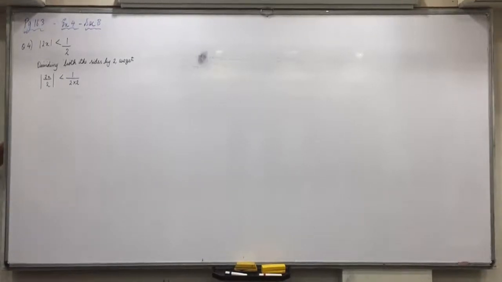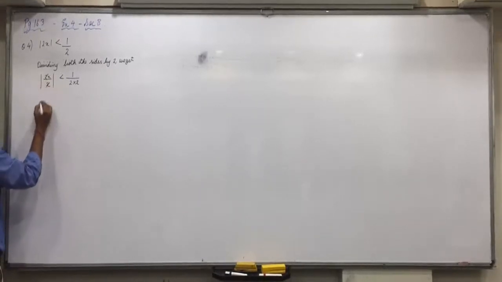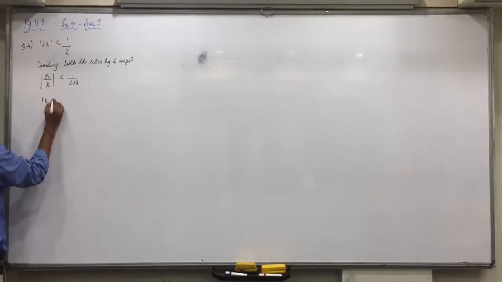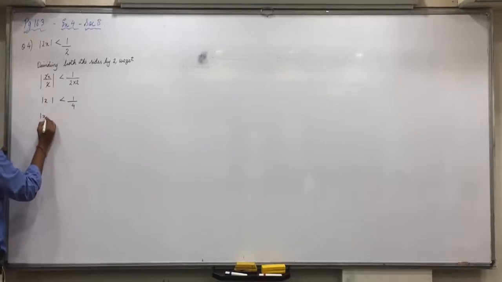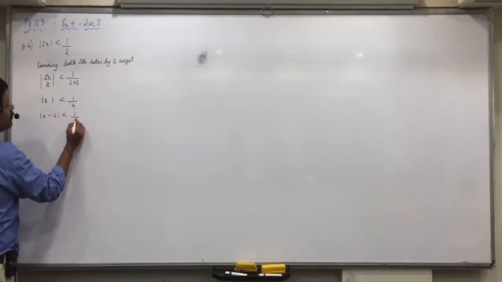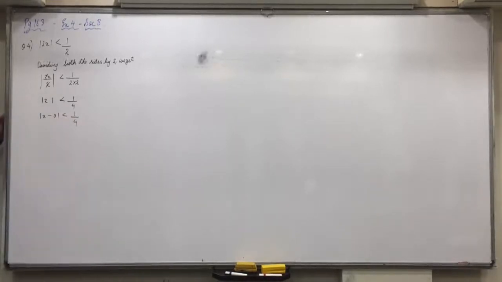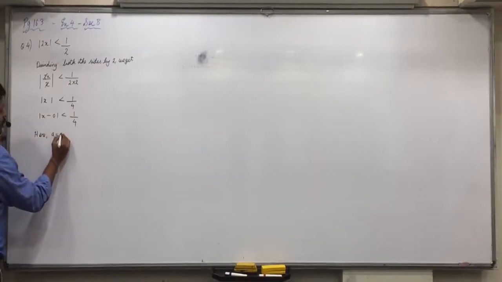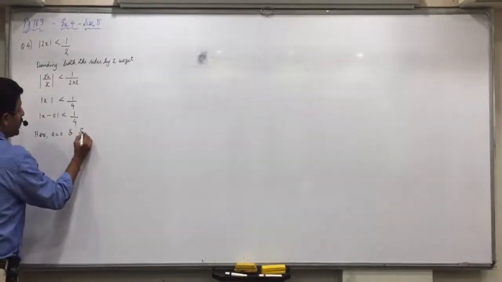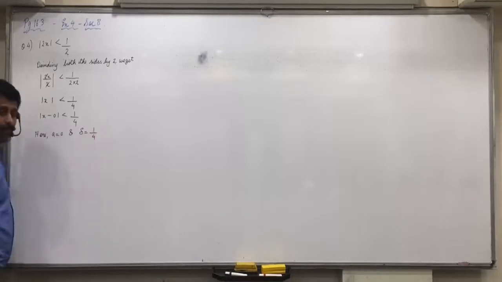Any confusion? So here 2 gets cancelled. Modulus x less than 1 by 4. Now modulus x, can I write it as x minus 0? Now do we get a and delta or not? Yes. So here a equals 0 and delta equals 1 by 4.